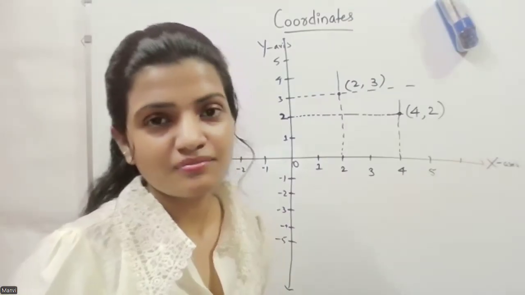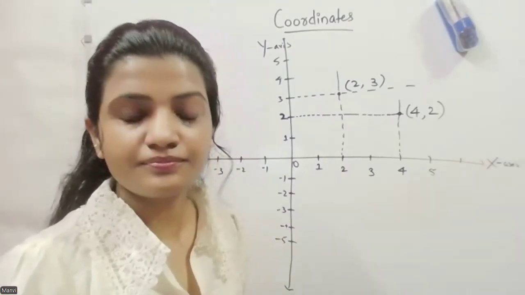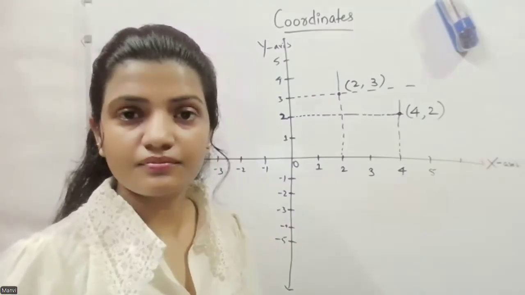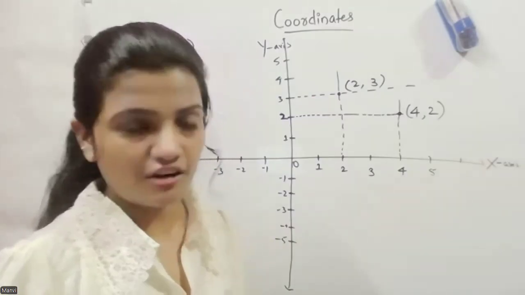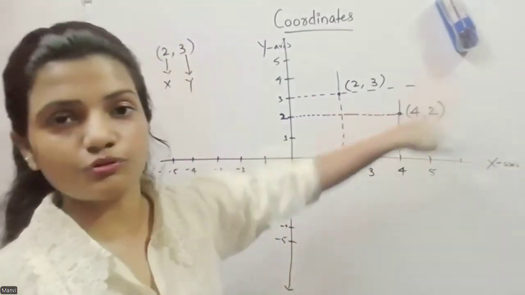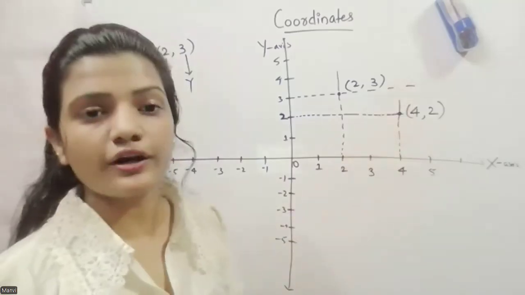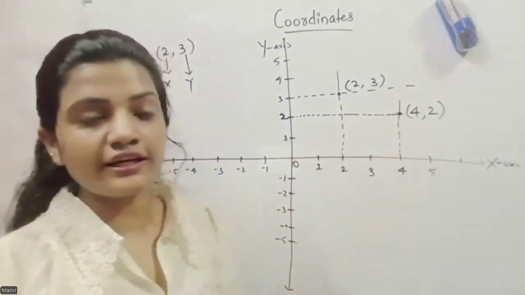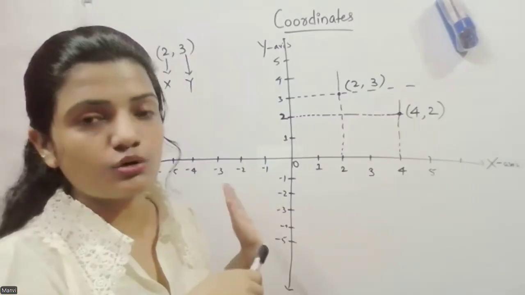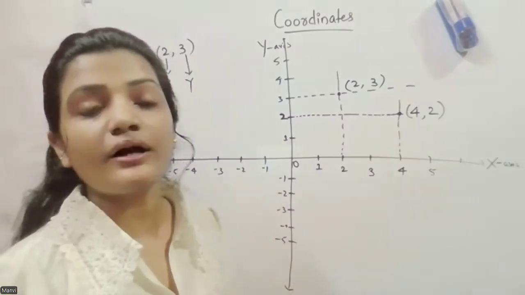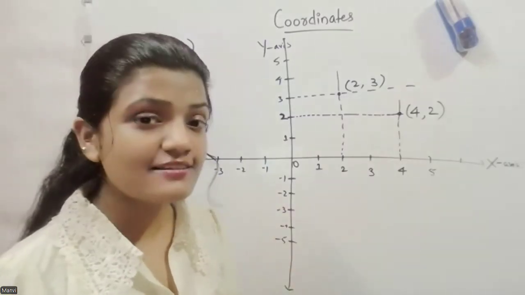So the x-axis comes first and then the y-axis. Yeah, the first value is the value of x, then the value of y. If one point moves across only, that is, it goes left and right, then does the point move in the x-axis or y-axis?